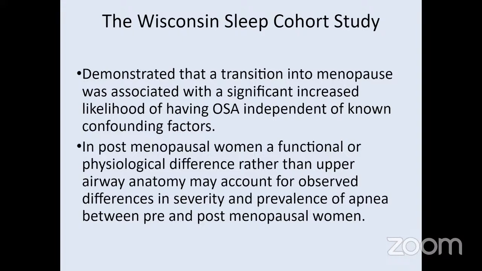So this is a type of obstructive sleep apnea that develops as a result of menopause, and that's not related to upper airway obstruction and the physical anatomical obstruction. It's related to hormonal disturbances that occur in postmenopausal women.